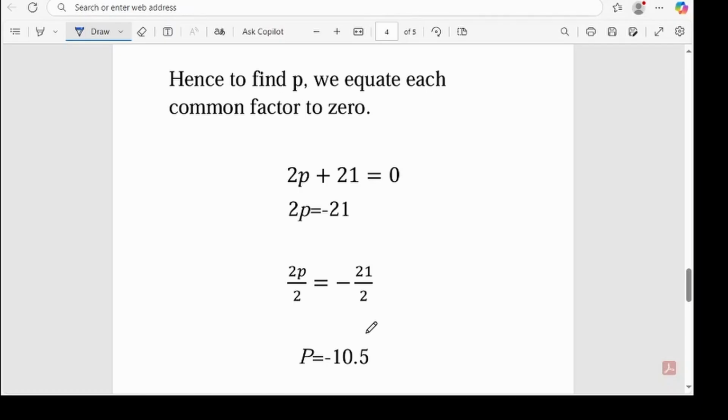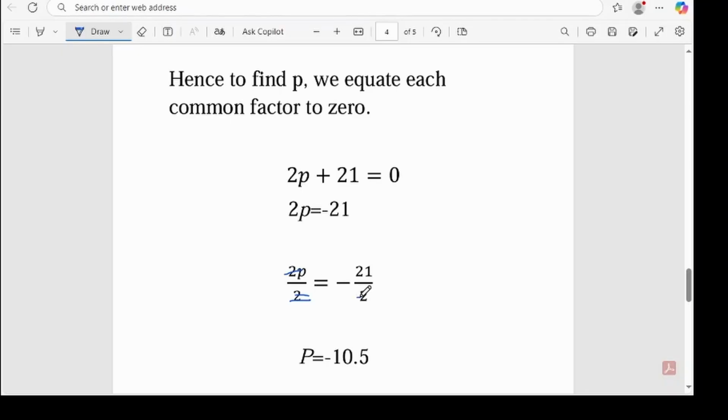The common factor here that can cancel out 2p for p to be on its own is 2. So 2 will cancel itself once, it will cancel the 2 in 2p for p to stand on its own.